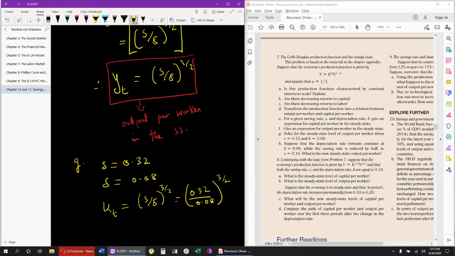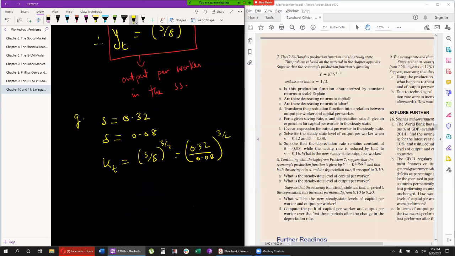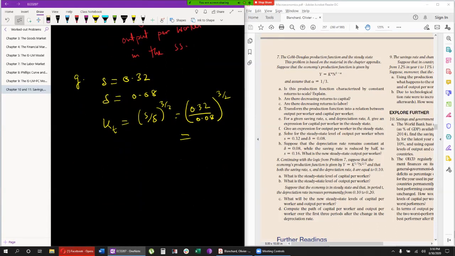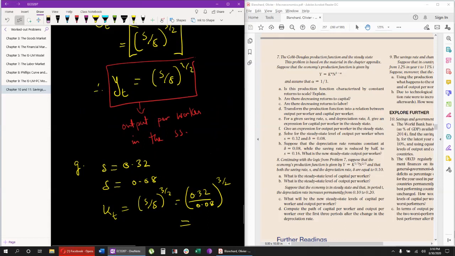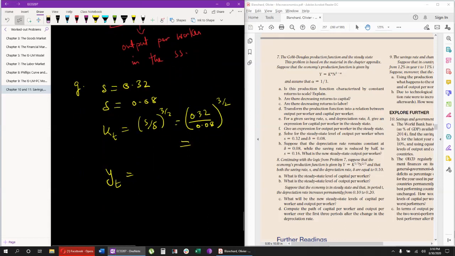G. Am I doing it correctly? Solve the steady state level of output. Oh, output per worker. They haven't really asked for capital per worker. This is how you calculate it. You guys can just do it. But what the question asks for is output per worker, which is, of course, this equation right here. So (s by delta) to the power half.